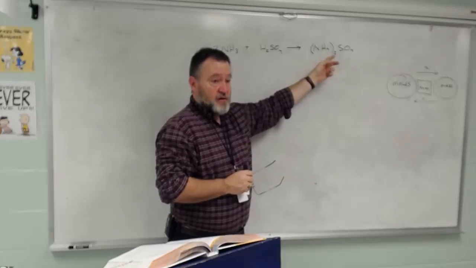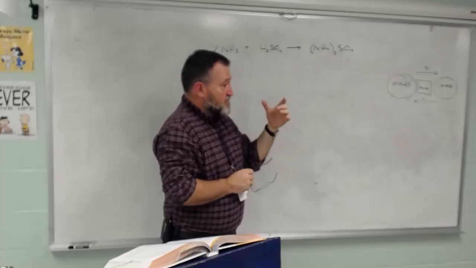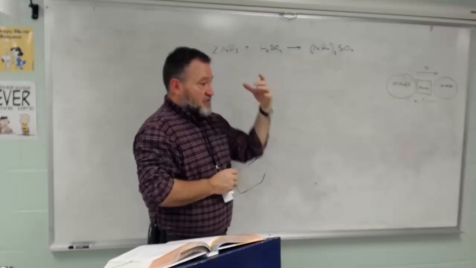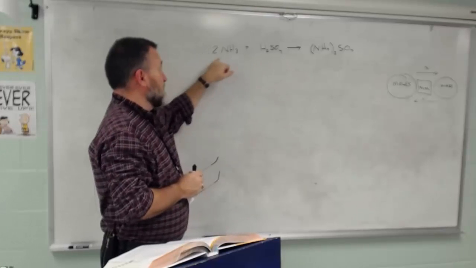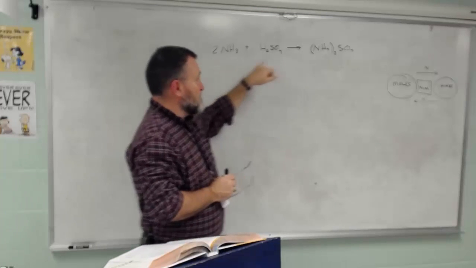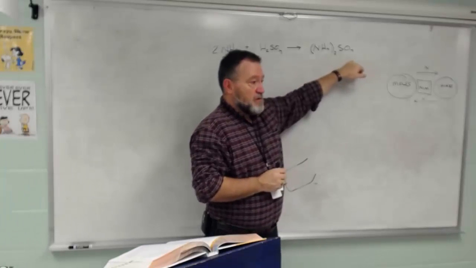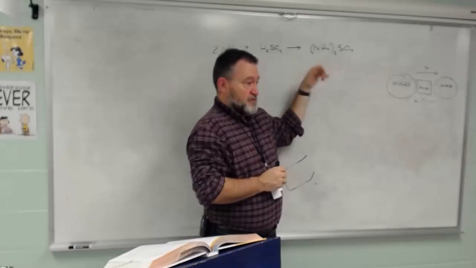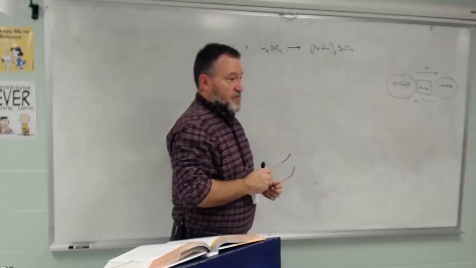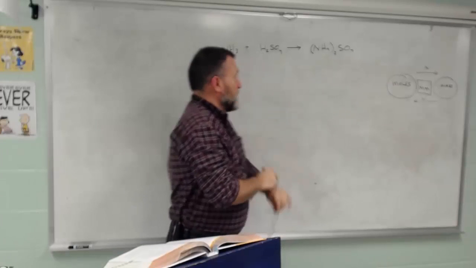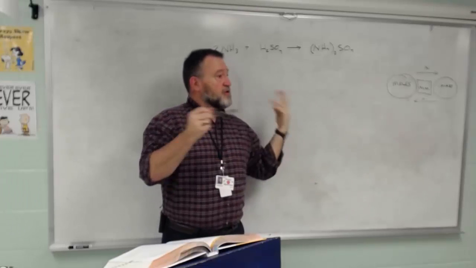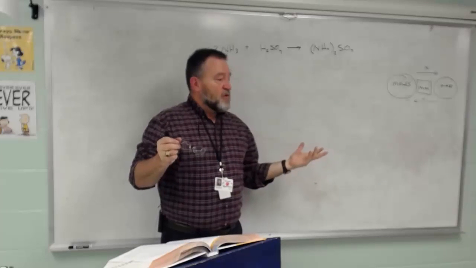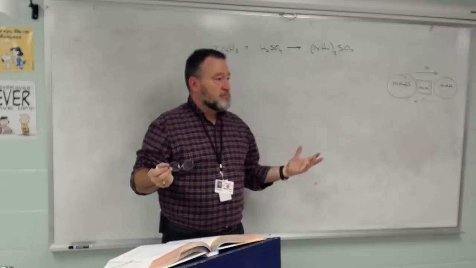Yeah, I will, right? However many molecules of sulfuric acid are in that cup, every one of those molecules is going to combine with 2 molecules of ammonia. It's going to produce 1 mole for every, or 1 molecule for every molecule, right? But when all of the acid that I poured in there, in my cup full, is all used up, what am I going to have left in the pool?